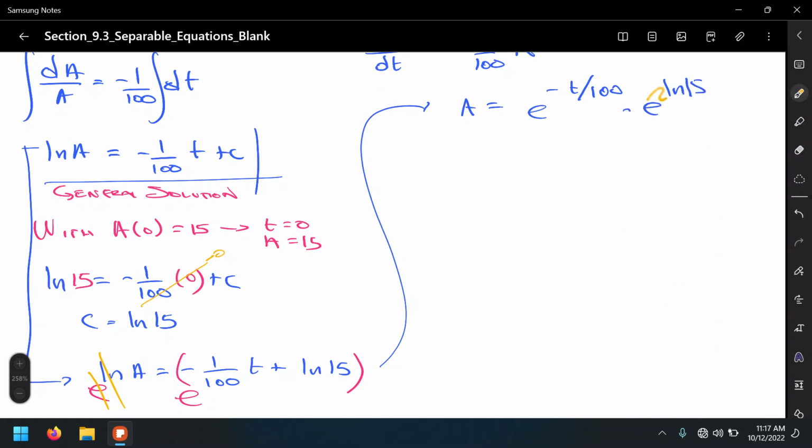And we can cancel out ln with the exponential, and this will be 15 e to the negative t over 100. So that's the mathematical model that will help us find the amount of salt after any time t.